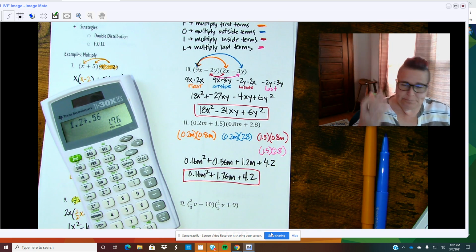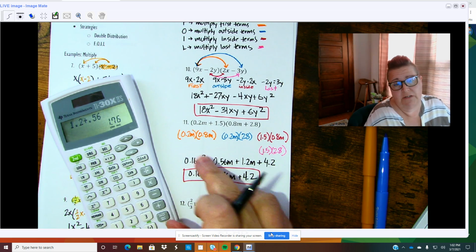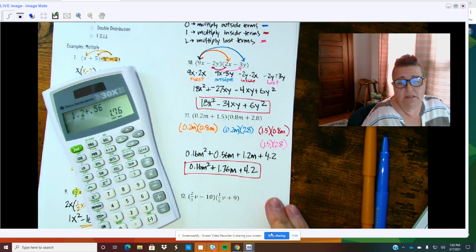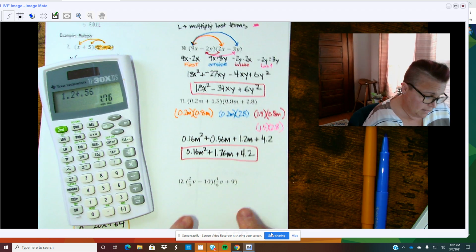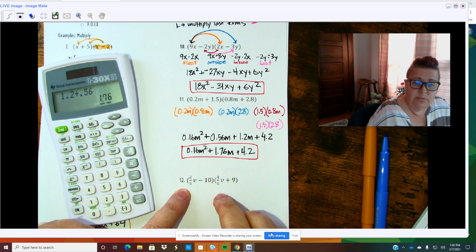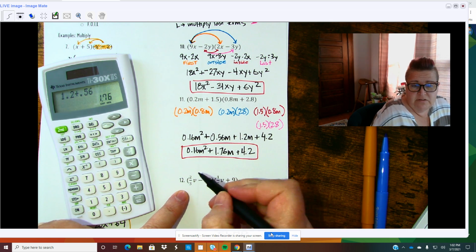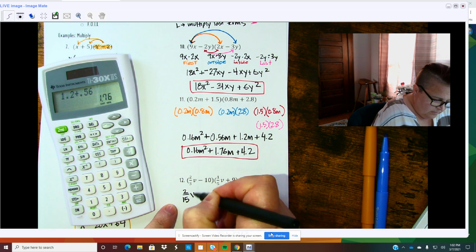All right. Now, I just want to point out that a lot of people use FOIL because they don't need to write all these out all the time. So most of the time what they'll do, often using mental math, is the first. So 2/3 v times 1/5 v would be 2 times 1, so I've got 2/15 v squared.